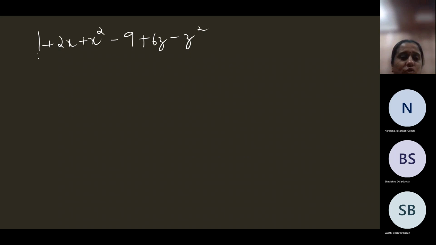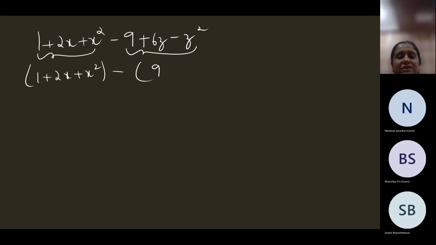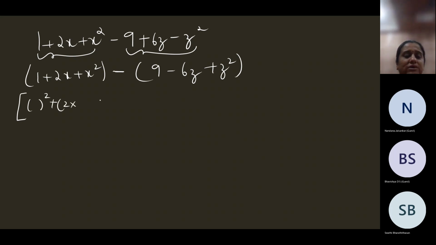So here you'll have to group the first 3 terms and the last 3 terms. Okay. So this is 1 plus 2x. Signs will change. Minus the 6z plus z square. When you enclose the terms in a bracket, the signs will change because there's a minus outside. Now, in the first bracket, it's like a square plus 2 into a into b plus b square.